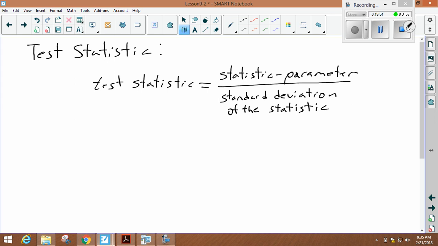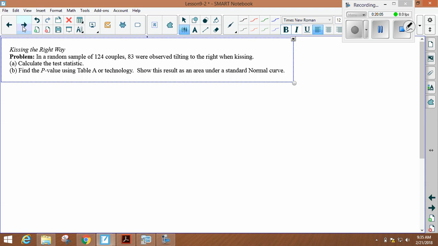Let's do our first inference problem. Here we go. Let's do it Phantom style.